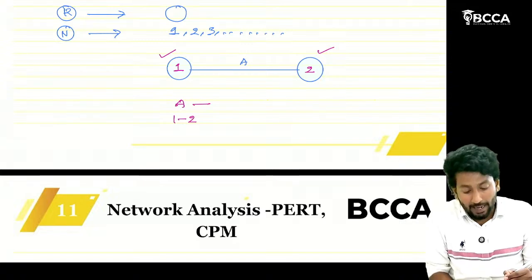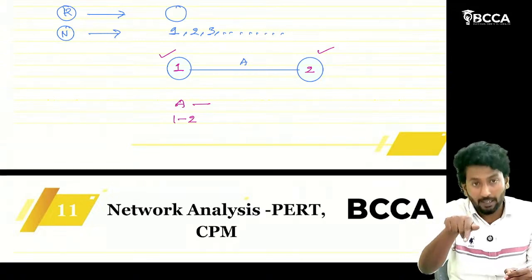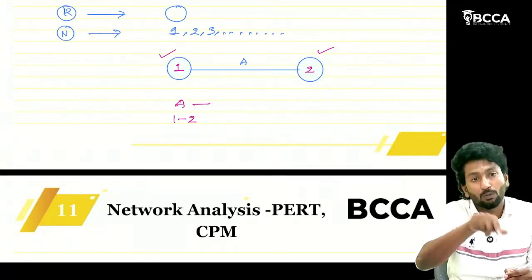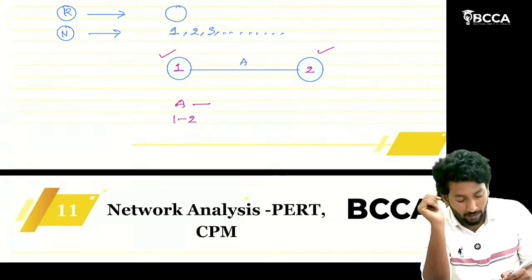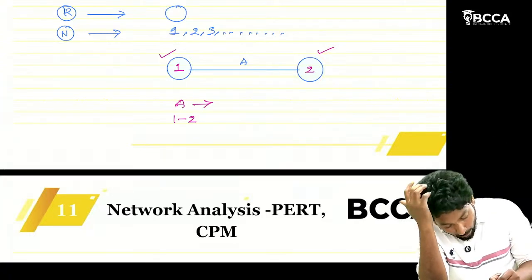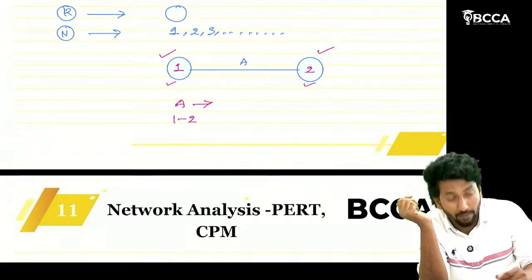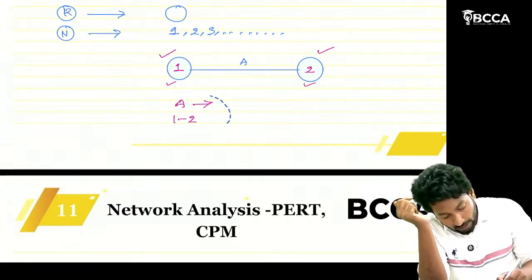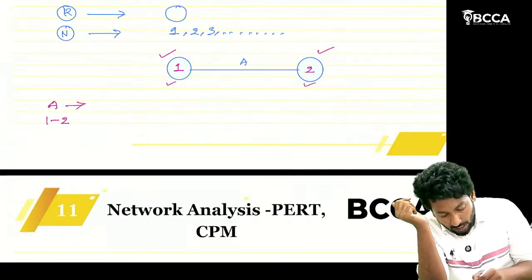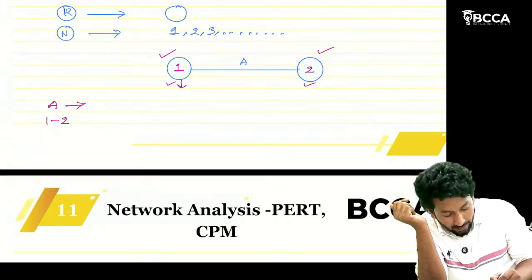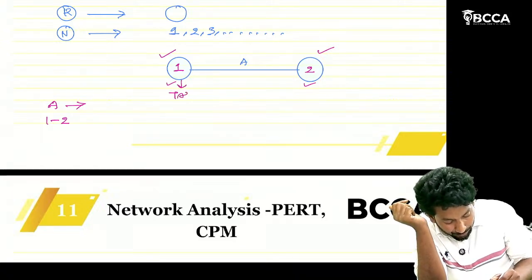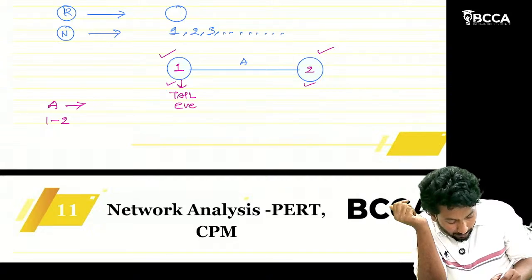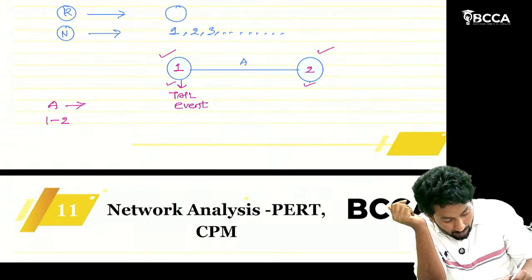So an activity A can be represented as A, or else 1, 2. The starting event is also called the tail event. The end event is called the head event.